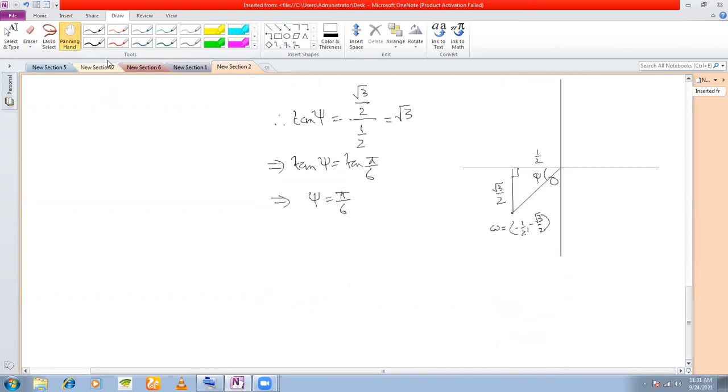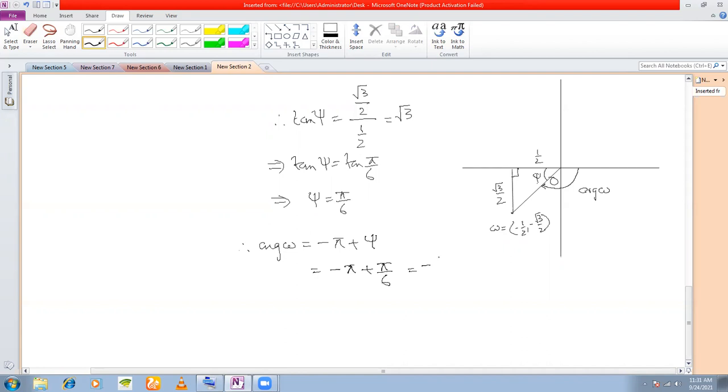However, what you must note here is that because it's in the third and fourth quadrant, the argument will be here. This is your argument of omega. Therefore, argument of omega is equal to minus pi plus psi, which is minus pi plus pi by 6.